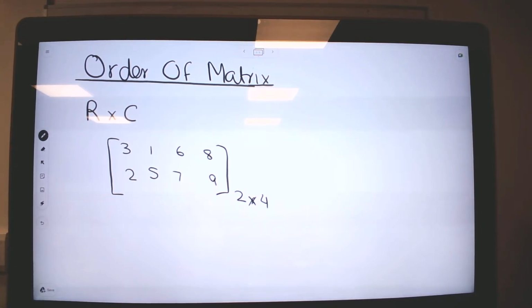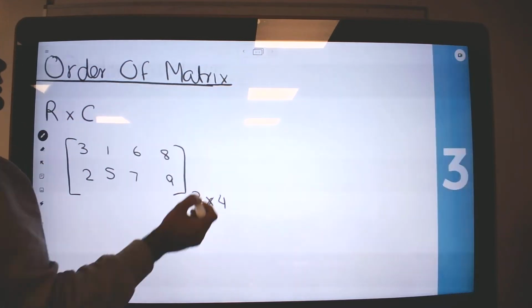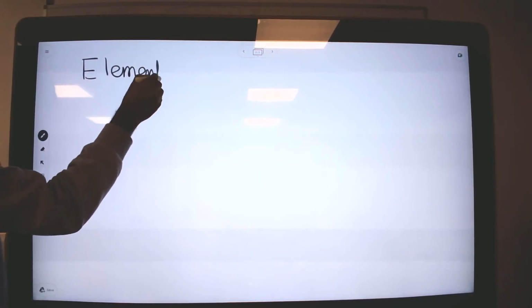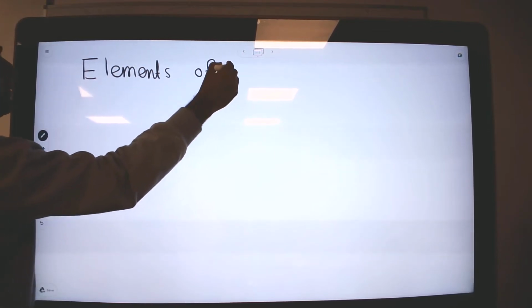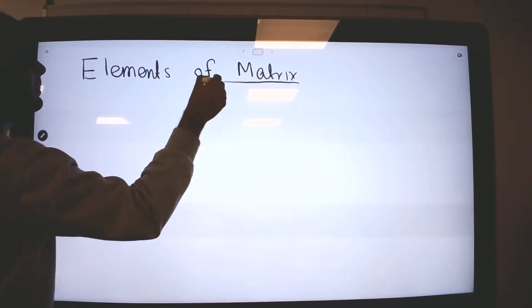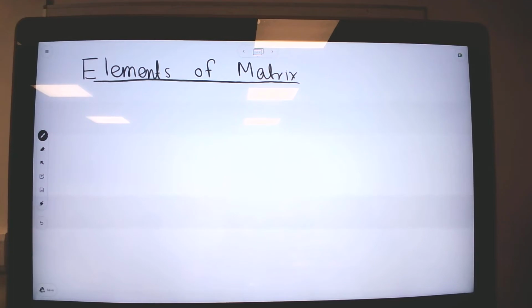Then there is a thing called elements of the matrices. What are the elements of a matrix?